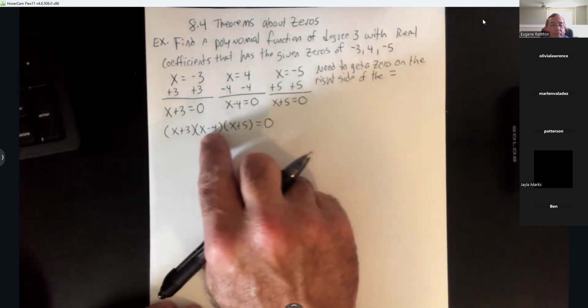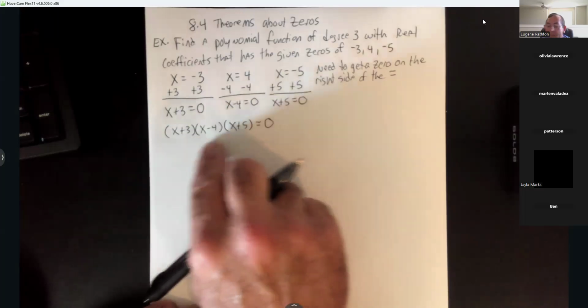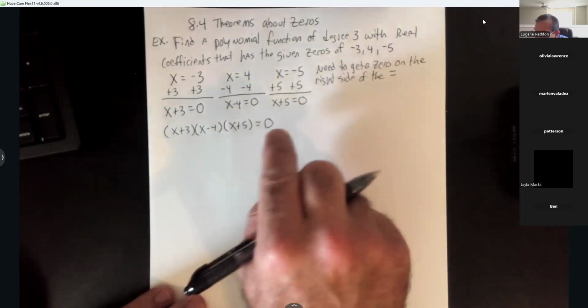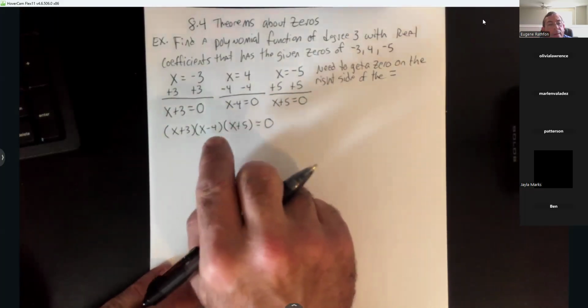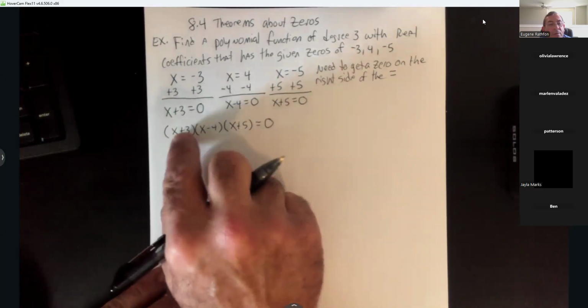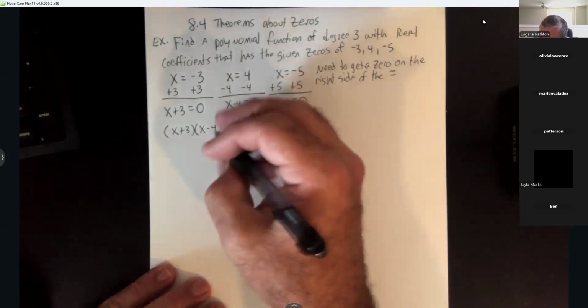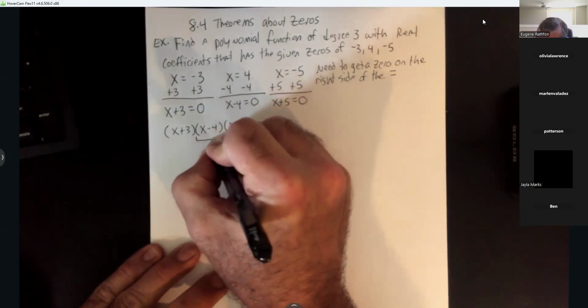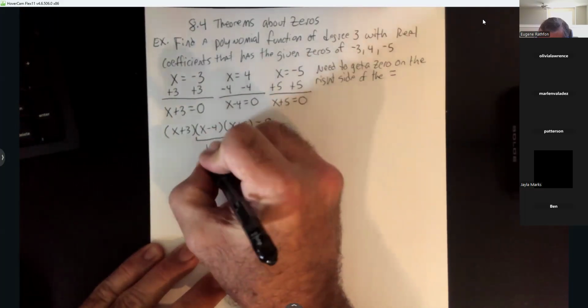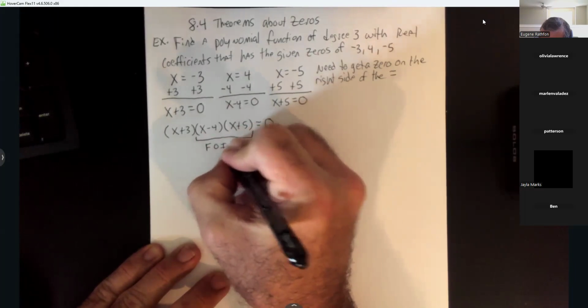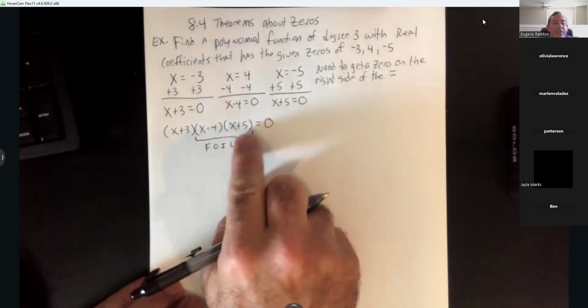Alrighty, so they're all in parentheses. So now, to come up with my polynomial, all these have to be multiplied. So y'all, I'm going to start with these two first. I'm going to FOIL these two together.